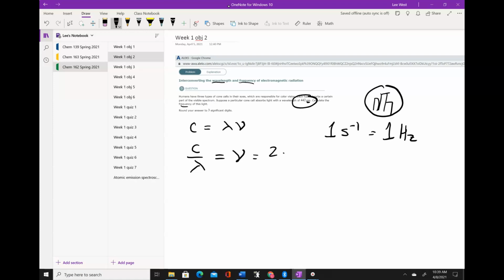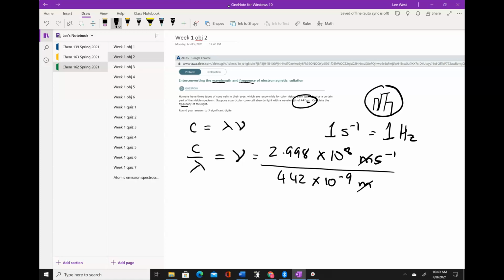So the speed of light, 2.998 times 10 to the 8 meters per second, divided by the wavelength, 442 times 10 to the -9 meters. Meters cancels out and gives me the frequency in per second.